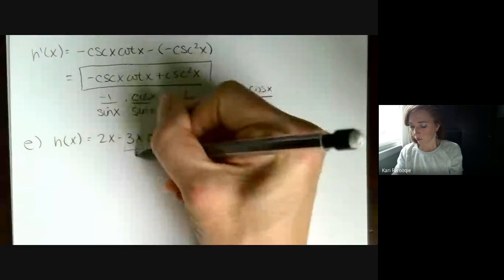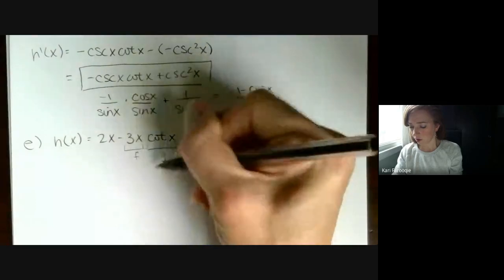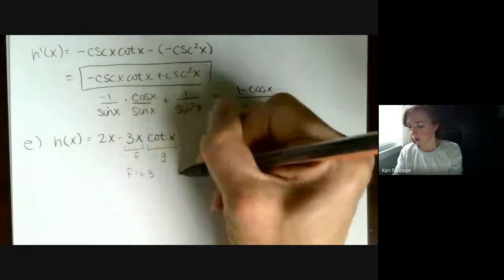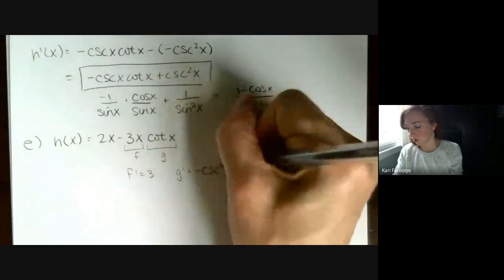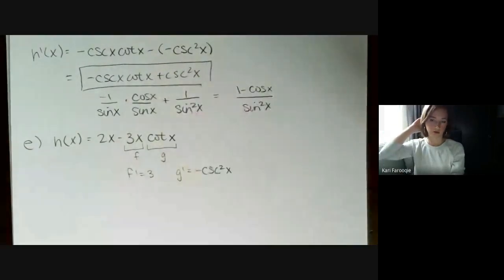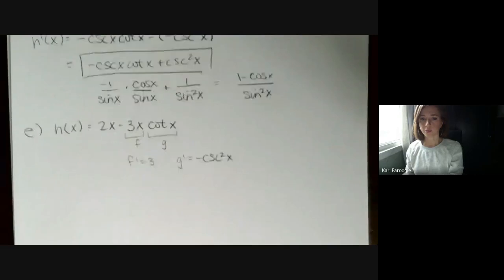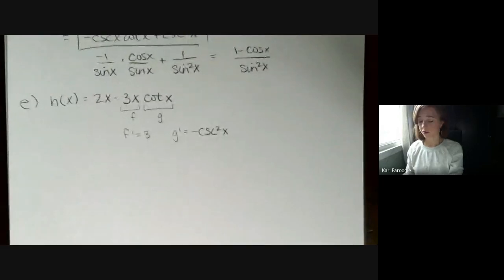You'll have f and g, where f prime is 3, and g prime, the derivative of cotangent, is negative cosecant squared x. Half the reason I do this example is just to give you more practice with distributing that negative sign into your terms.